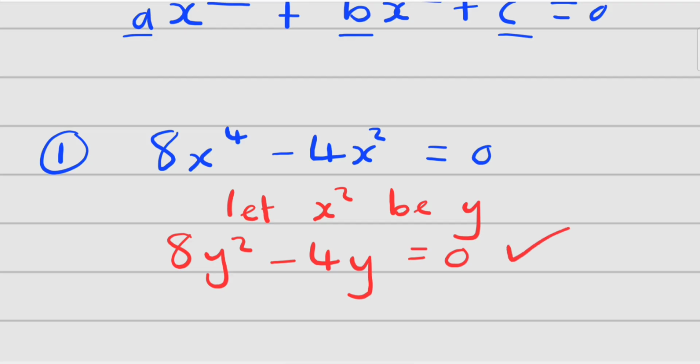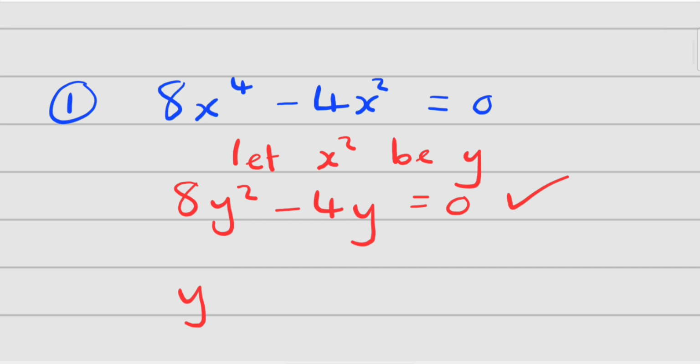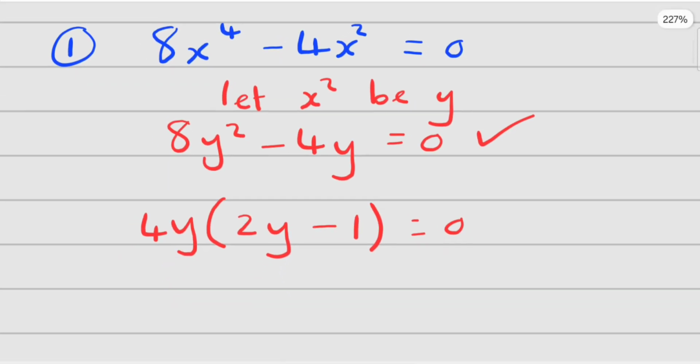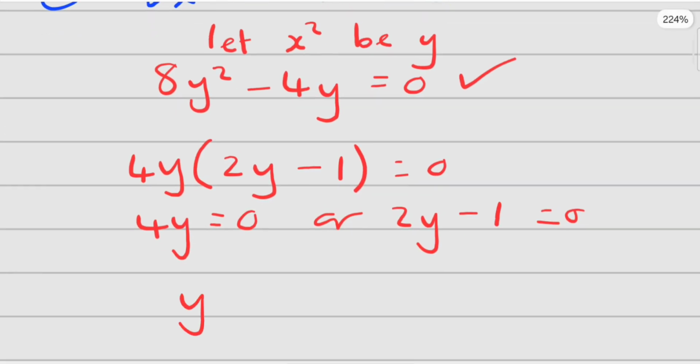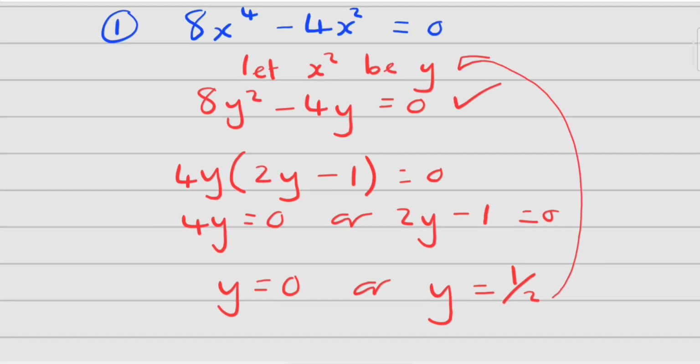And I know that most of you are familiar with this. And now with this, we're just factoring out our 4y. Then we get our 2y minus 1 is equal to 0, right? So 4y equals 0, or 2y minus 1 is equal to 0. Get our y equals 0, or y equals a half, like that, right? But now we need to go back to this.